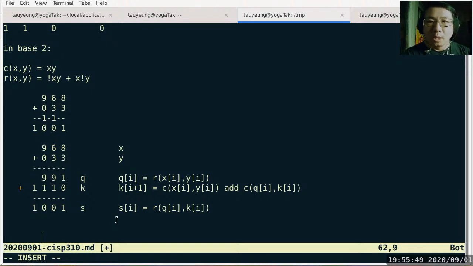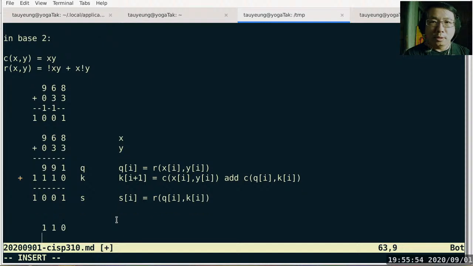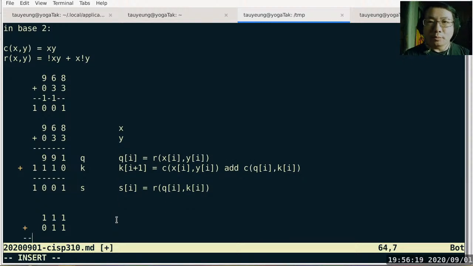So let's start with 1, 1, 0 in base 2. So now we're dealing with base 2 numbers plus, I think that should be fine. So we'll have 1, 1, 0 plus 0, 1, 1. Well, let's see, we can do this, change this to a 1 and change that, that would be fine. So we will take a look at this one, and we'll label the rows exactly the same way.